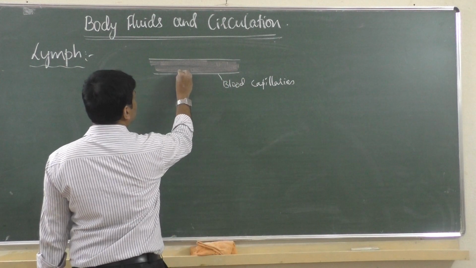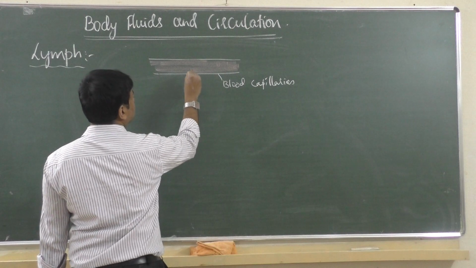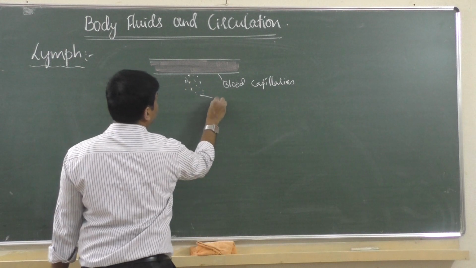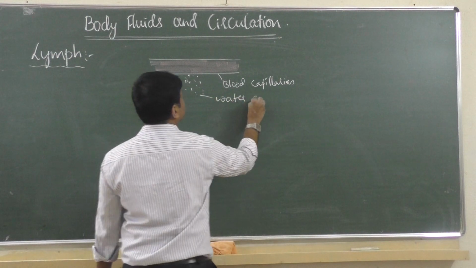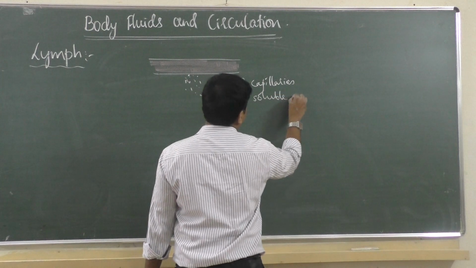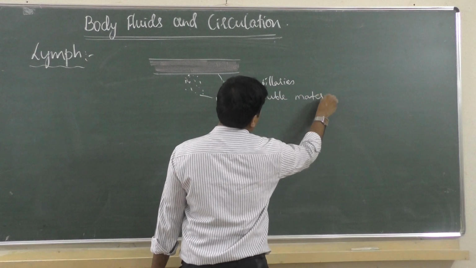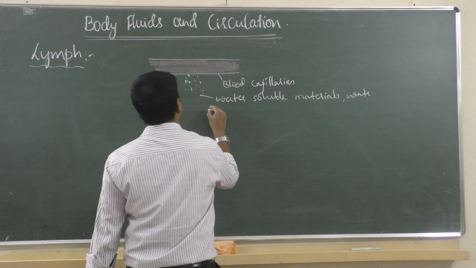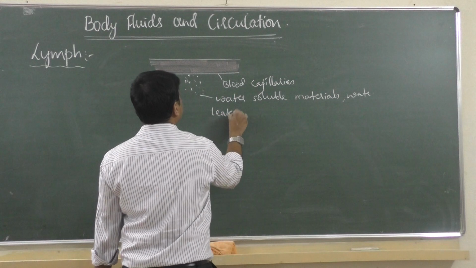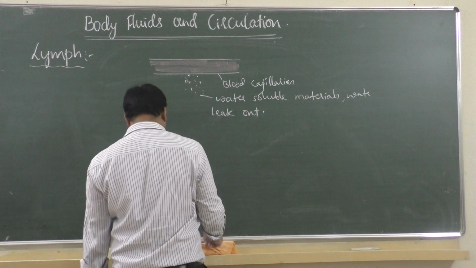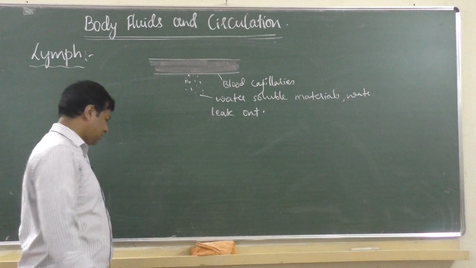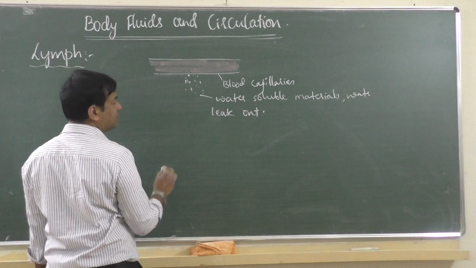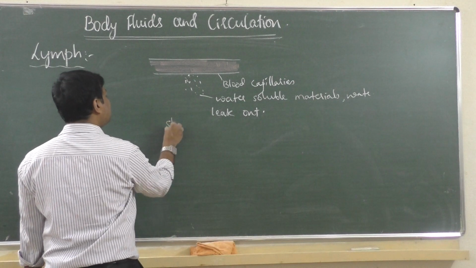Some of the watery substance and water-soluble substances will leak out. Then what happens? These leaked out water-like materials will be stored in between the cells.